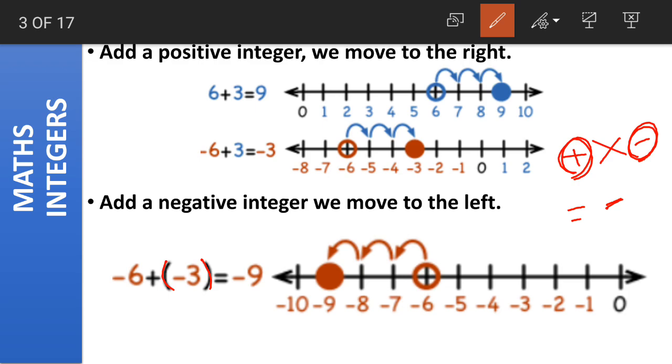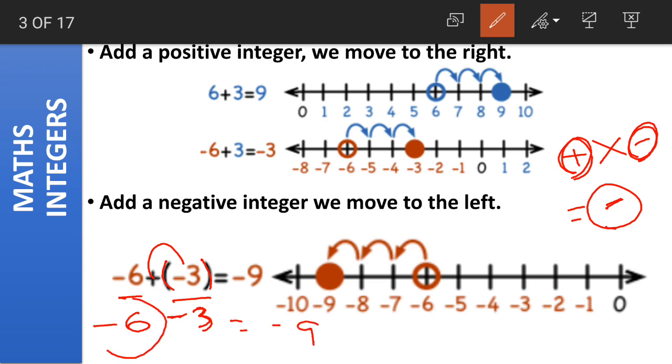So here we can simplify minus 6 plus of minus 3 as minus 6 minus 3. Why? Because plus into minus gives us minus. Minus 6 minus 3 is equal to what? Minus 9. Again, we have two integers with the same sign.